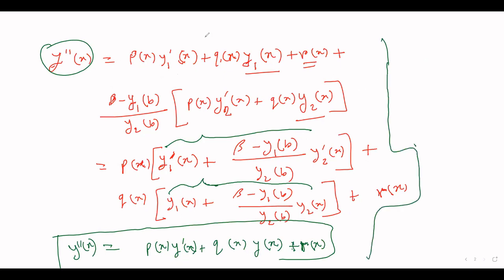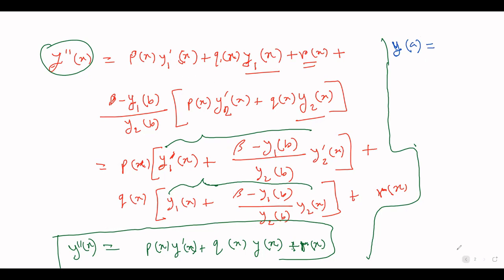The first boundary condition is that y at a should be alpha, right? Let's see what we get.